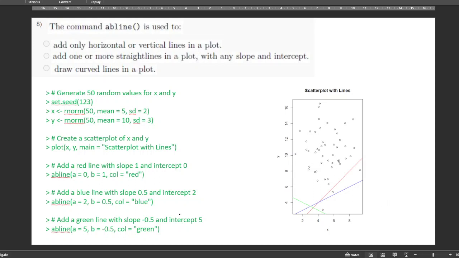That is in the red color. This is slope 1, the first command. For the second command, the slope is 0.5, still positive, and it starts from 2.